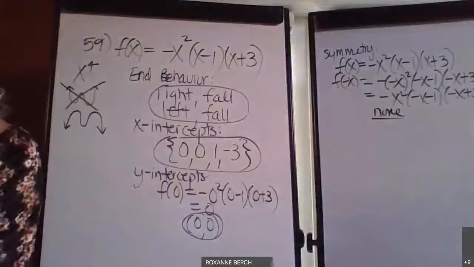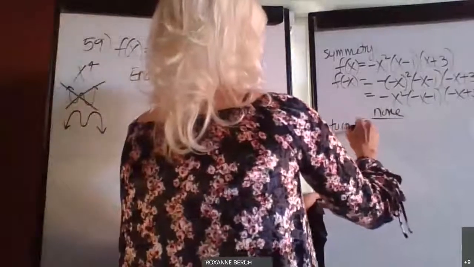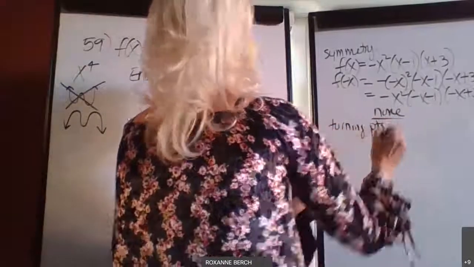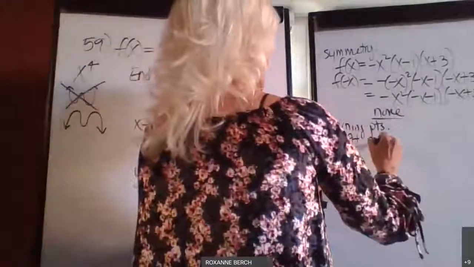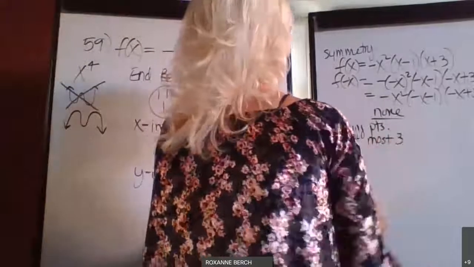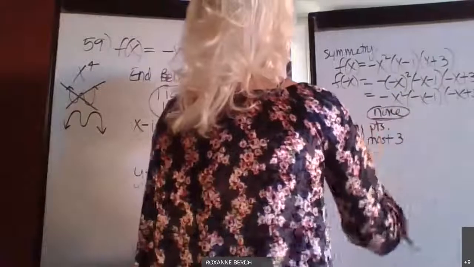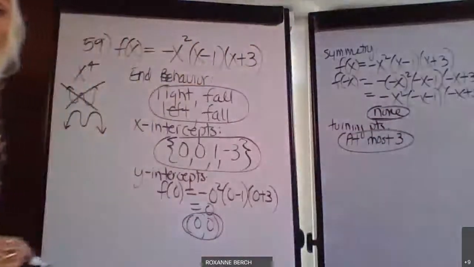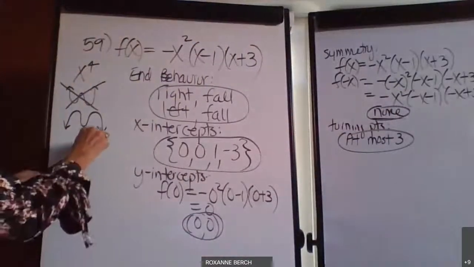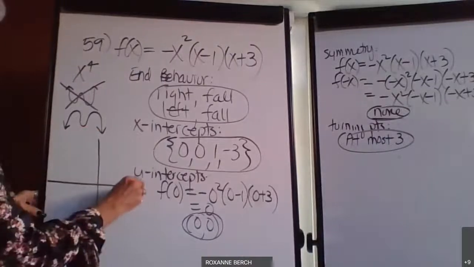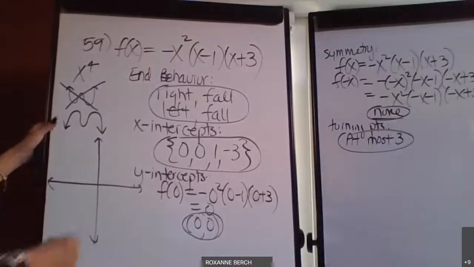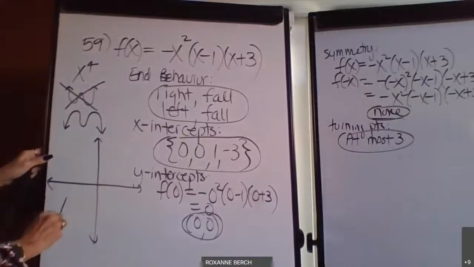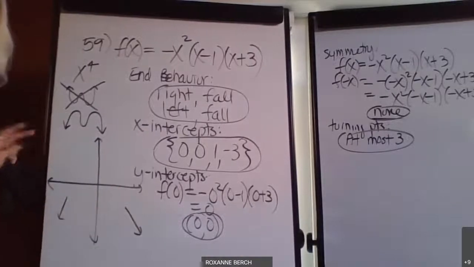And then what did I do after that? Oh, the number of turning points is 1 less than the degree at most. So there'd be at most 3 turning points. So if we were going to do the graph, on both sides, it falls, right?